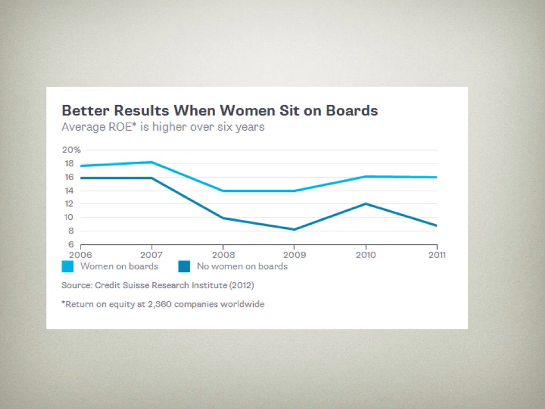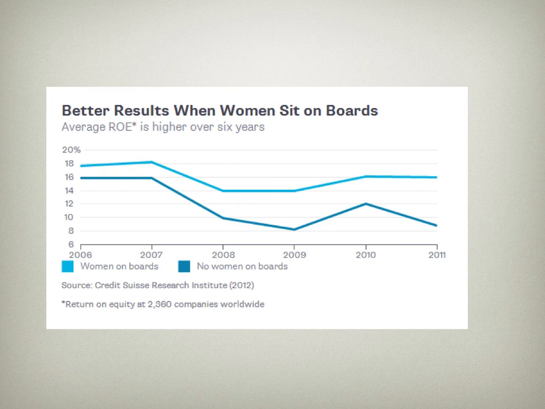Et d'ailleurs, on peut voir que les femmes réussissent à rester stables pendant des périodes de crise et que quand il n'y a que des hommes, il y a un manque de capacité de faire face. So it's quite an interesting piece of information, this.